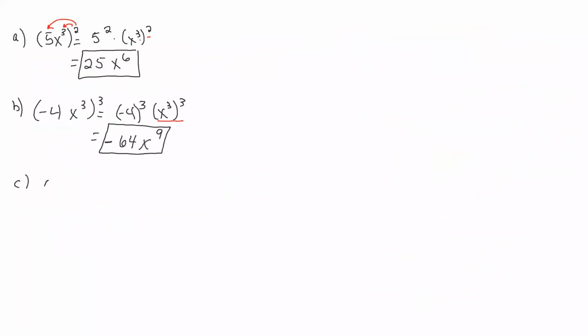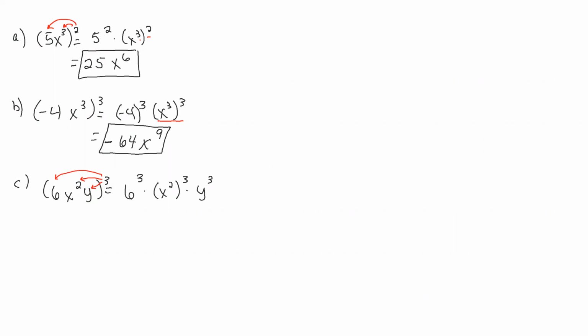For this one, let's say that we have 6x squared y to the third power. Well, now I have 3 factors in my product. So that means this exponent of 3 is going to go to the 6, x to the second, and to the y. So I'm going to get 6 to the third times x squared to the third times y to the third.